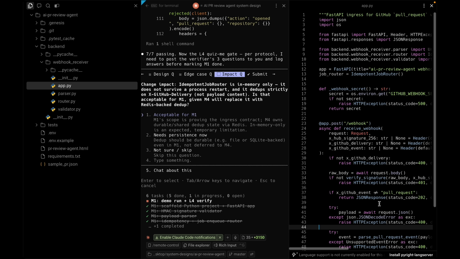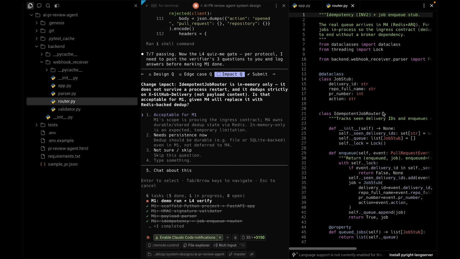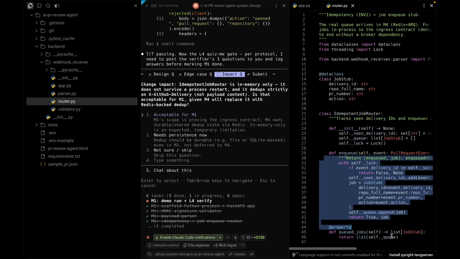Over here, if you look at your router, the real queue should queue the PR somewhere. That will eventually arrive in our Redis queue. But for right now, to get the ingress contract working end to end without a broker dependency, as per our invariants, it ended up creating a very simple queuing mechanism itself. Right now it's very local, until we create our own Redis queuing mechanism.